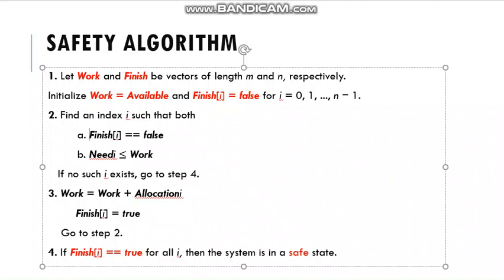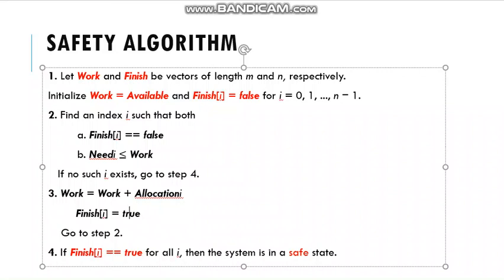That's why we check how much of the resources that process needs. If its Need is less than Work, meaning less than the available resources, then we will allocate, such that it can execute its work and finish off that process, so Finish of the zeroth process is true. Then go to step 2. This should continue till all the processes execute.